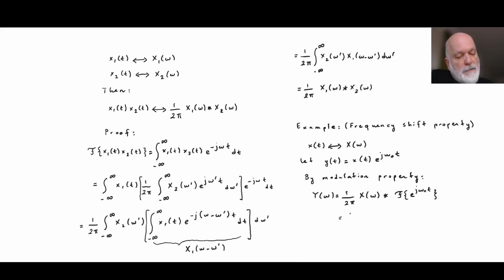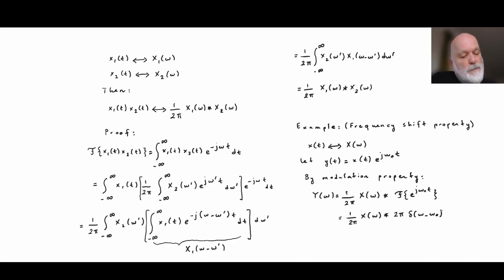And what is the Fourier transform of the complex exponential signal e to j omega 0 t? It is 2 pi delta of omega minus omega 0.